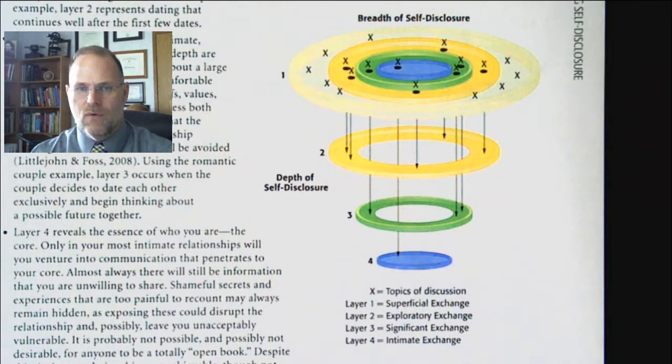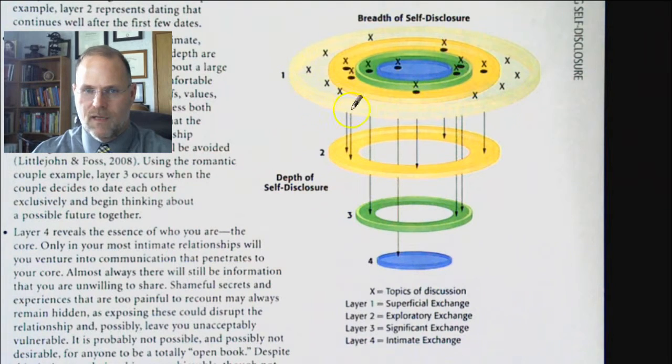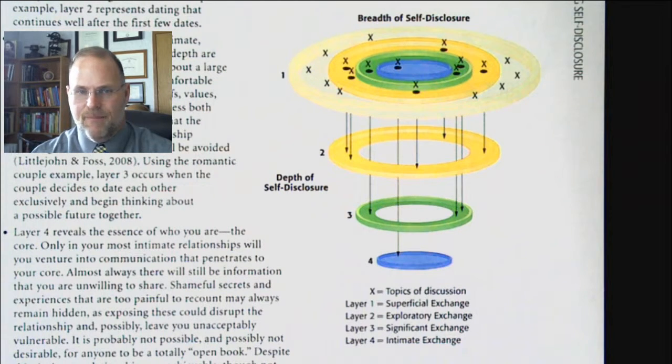Well, as you increase the depth of self-disclosure, you can see you got the breadth of self-disclosure. It's a big, wide circle. So as you increase the depth, that means the deeper the information, the more private, personal data you exchange with this person, the smaller the breadth.